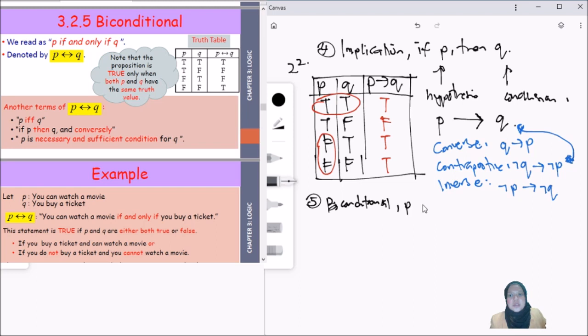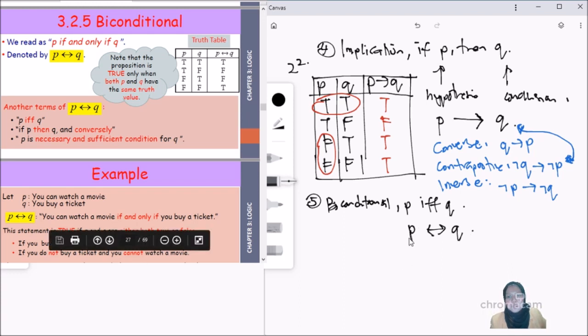We read it as P if and only if Q, denoted by this symbol. Alright, so P if and only if Q.